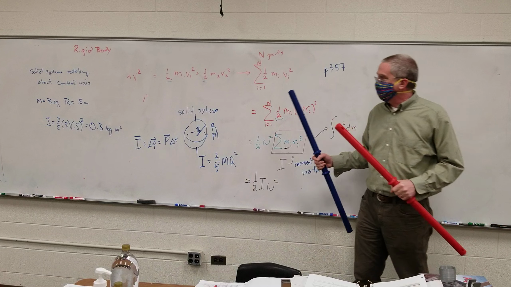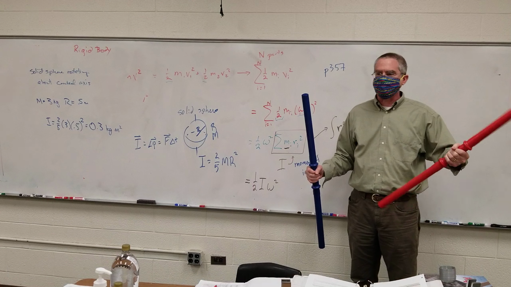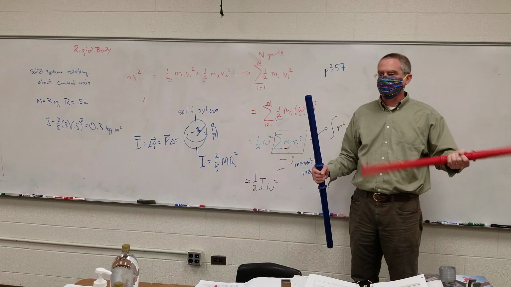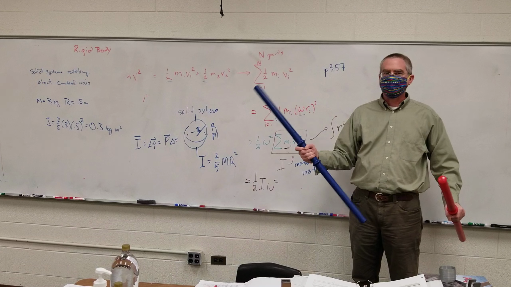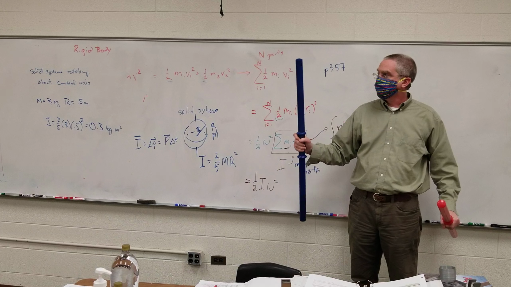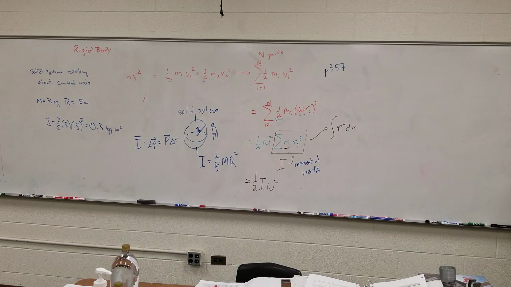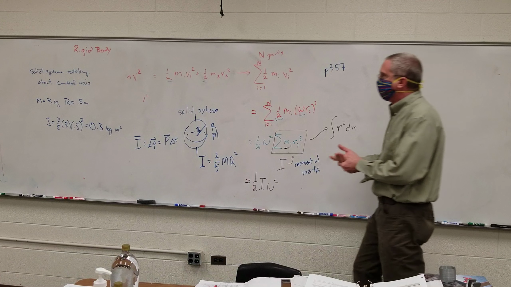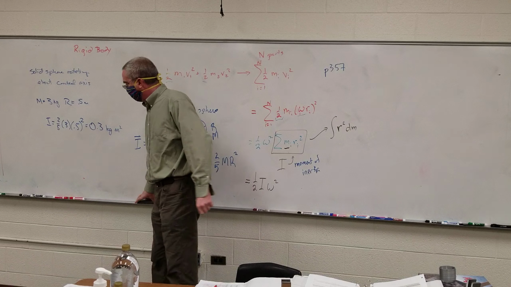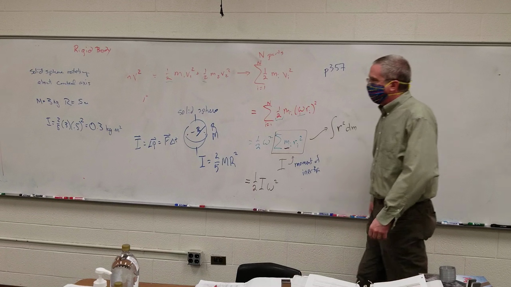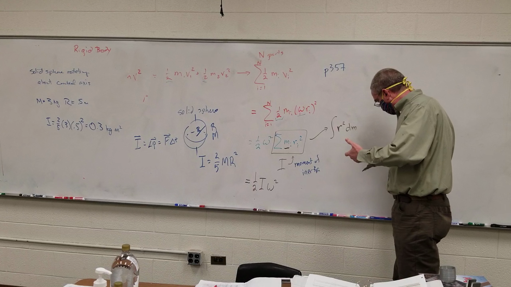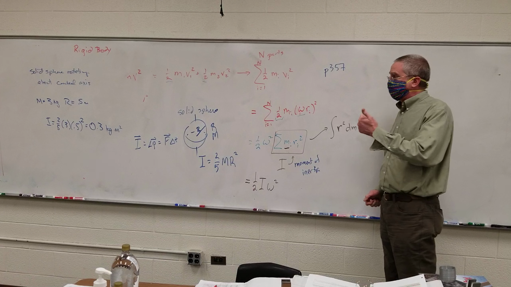So again, moment of inertia is an indication of how easy it is to change its movement once it starts rotating. Similar to mass in linear motion. All right, so we've got a mathematical description of it. We're going to get to a conceptual one.